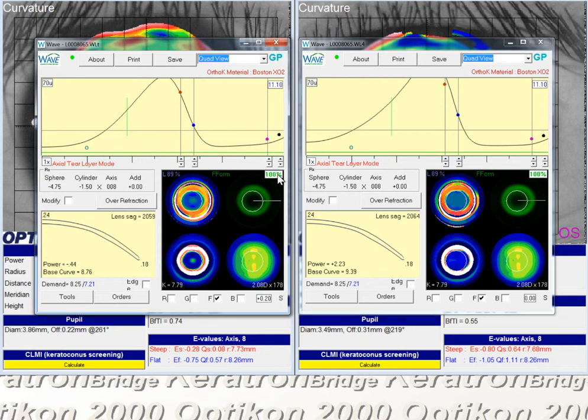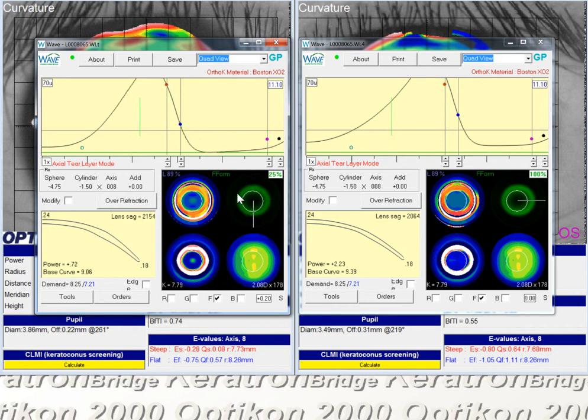And then in 25% mode, you have to go back and forth between the meridians because when you make the adjustment, you'll have quite a bit of disparity between power on the temporal side of the lens versus the nasal side of the lens. So in 25% mode, you just have to adjust the topo demand up and down until you get fairly equivalent powers 180 degrees away from each other.